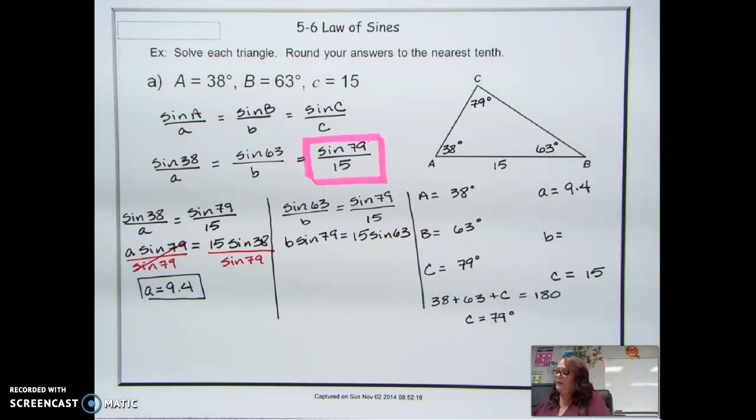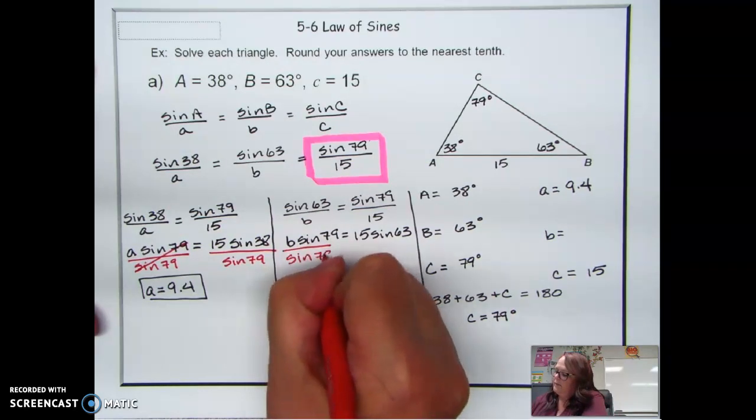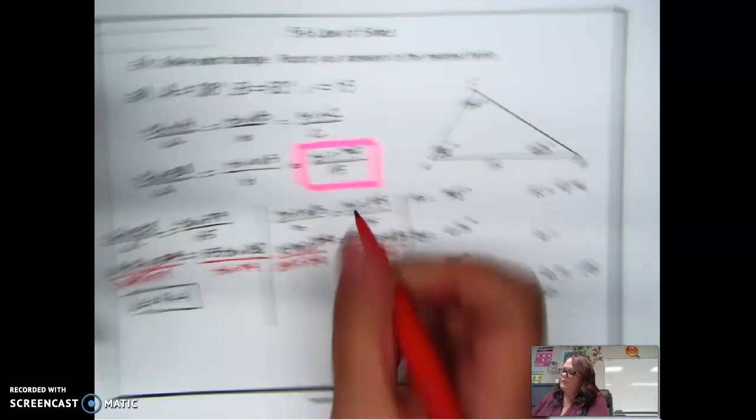And then if I want to get b by itself, I'm going to divide both sides by the sine of 79. So these cancel.